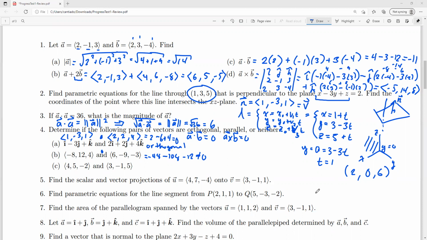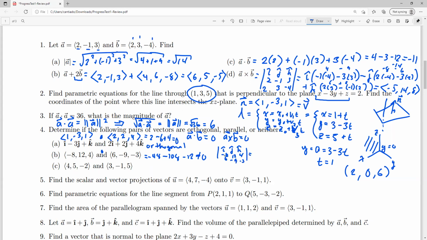Yeah, okay. So in order to find if it's parallel, you simply need to check if the cross product is 0. We know it's not orthogonal because the dot product's not 0. So if you were to go ahead and do the cross product, that's this whole thing again, right? Negative 8, 12, 4, 6, negative 9, negative 3.